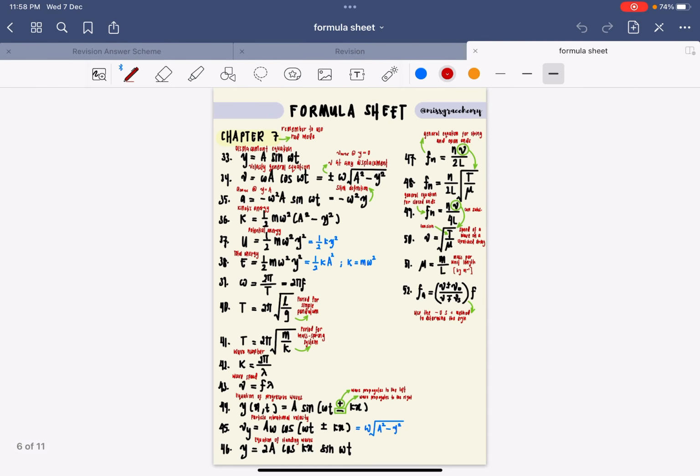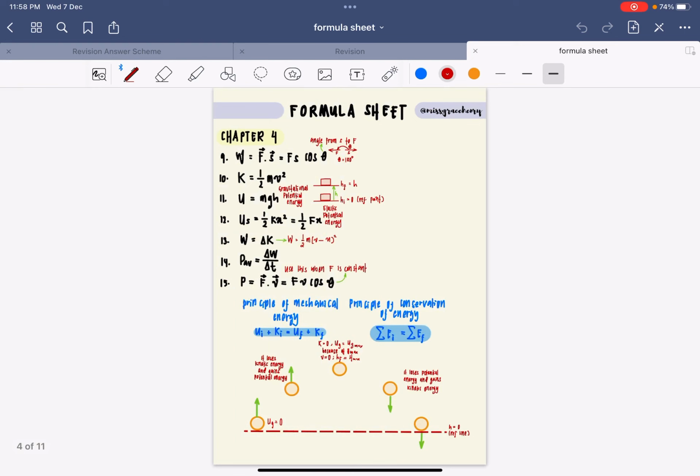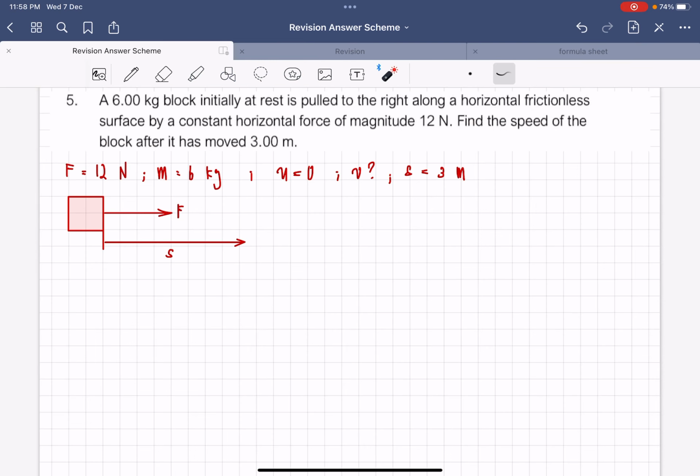That is in your formula sheet as well, which will be given in the exam, which is this one here. So you just have to expand it.